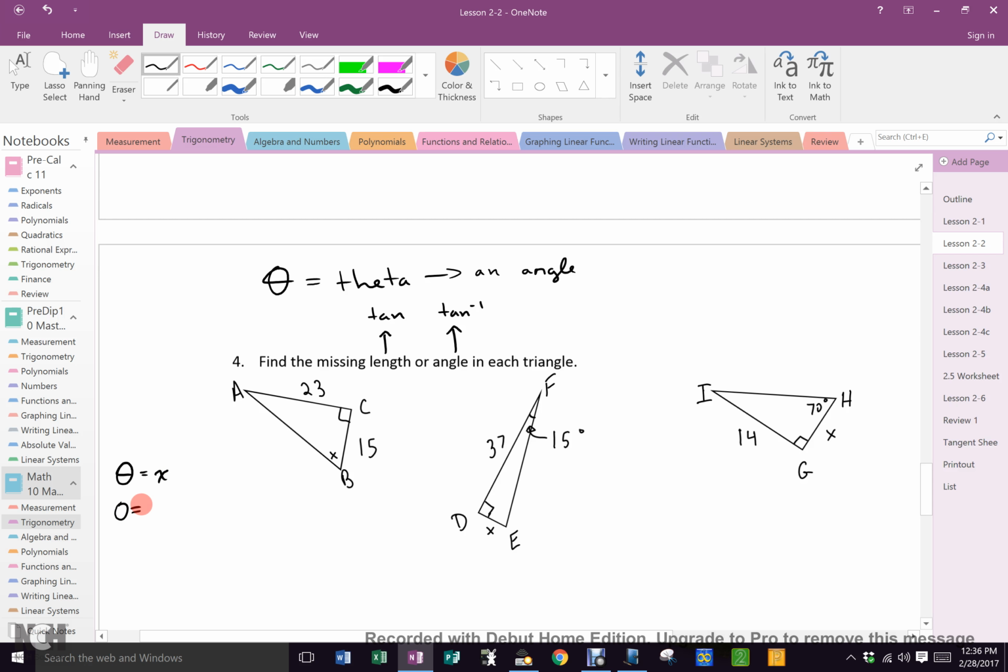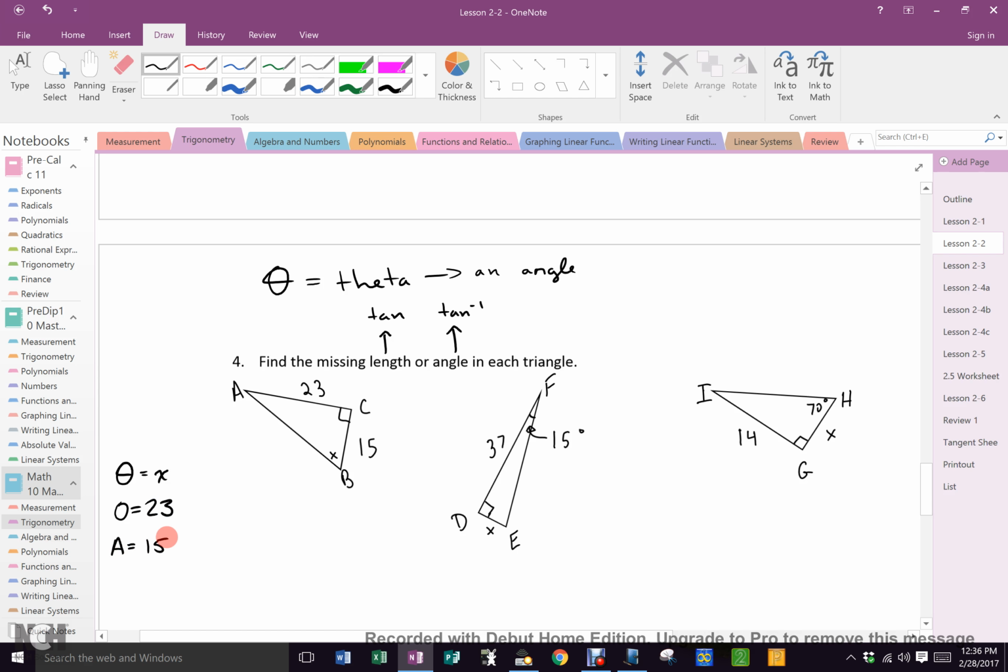What is opposite of x? 23. How did you know it was 23, Brianna? Because it was across the triangle. Is there an adjacent? It is 15. How did you know it was 15? It's not the hypotenuse. Excellent.